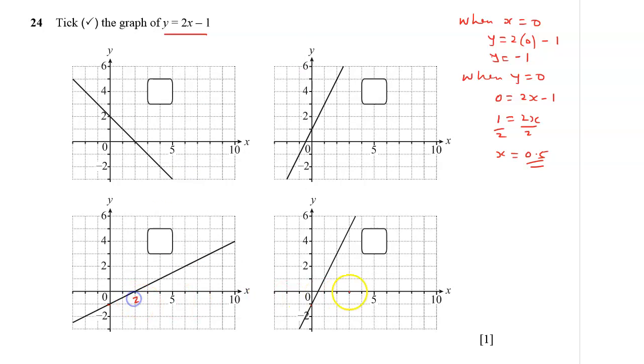This is 2 here, which is not correct because this is 1, 2, 3, 4. This one is passing at 2, and we don't need x to be 2. We need x to be 0.5, which is this point here. So this is the graph which is correct for this equation right there.